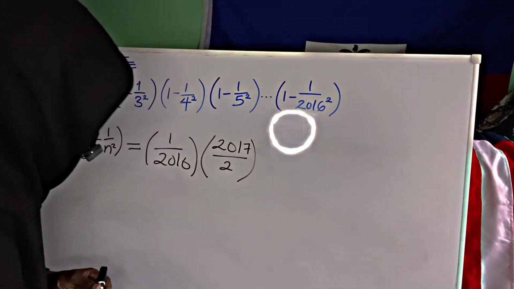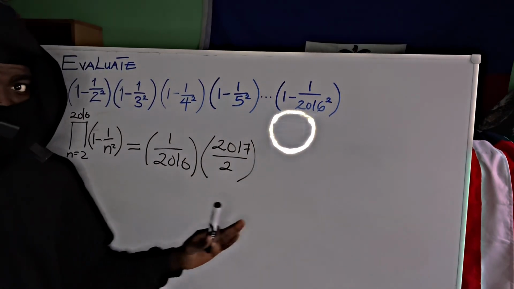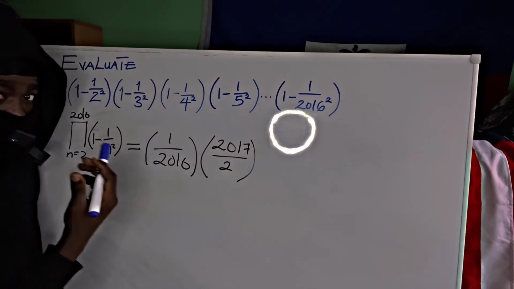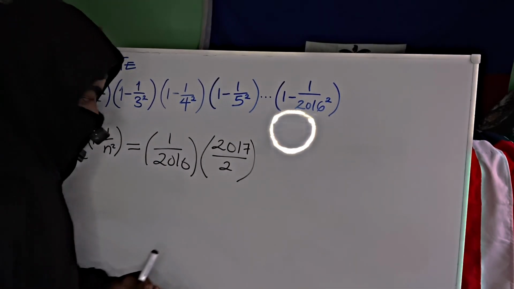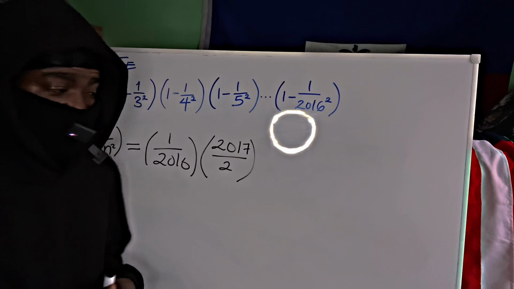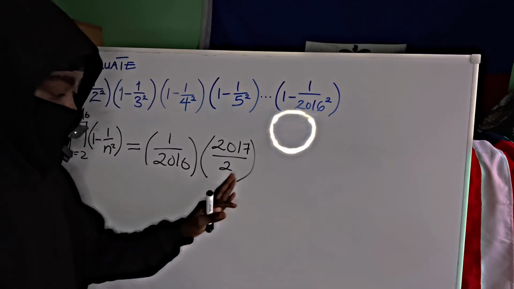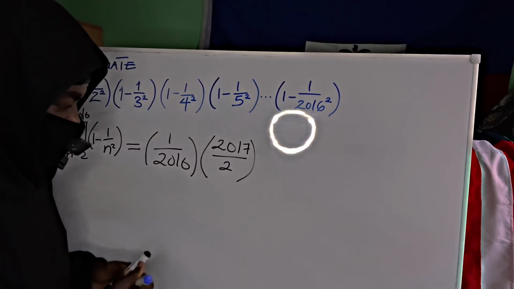Let's complete our solution. After we simplify, we got our first product to be 1 over 2016, multiplied by 2017 over 2, which is from the second product. So this is just easy, guys.